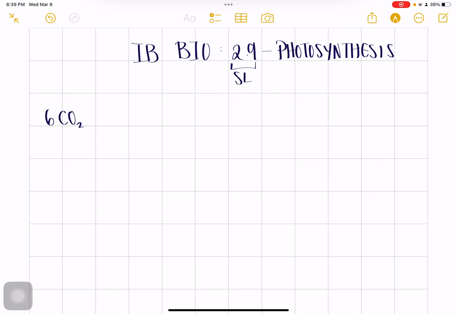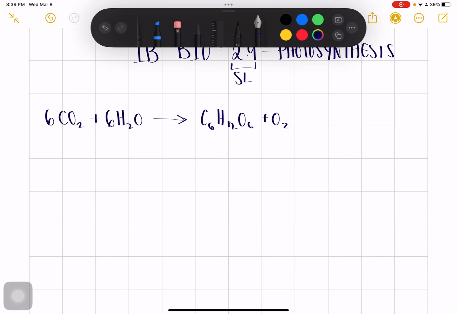So, photosynthesis is really the addition of carbon dioxide to water to produce C6H12O6 and oxygen. And there's also some side things which are very important, but they're not usually put into the chemical equation, like plus NADPH and ATP.